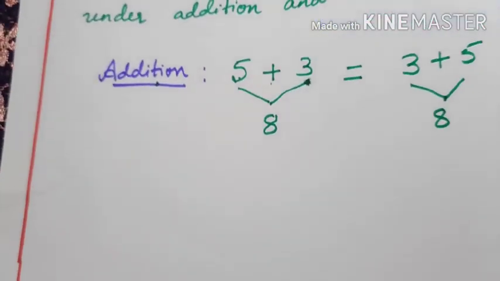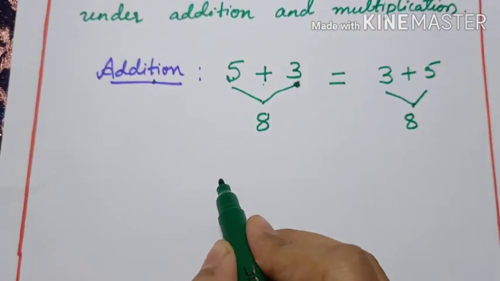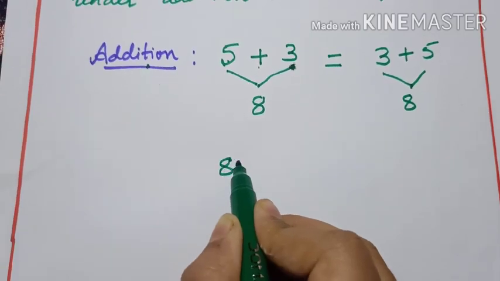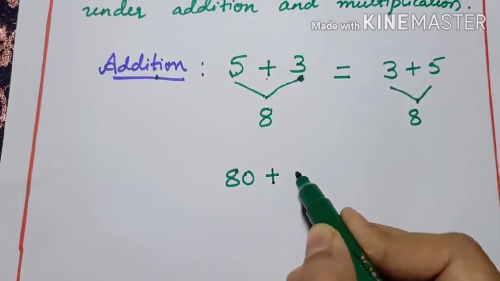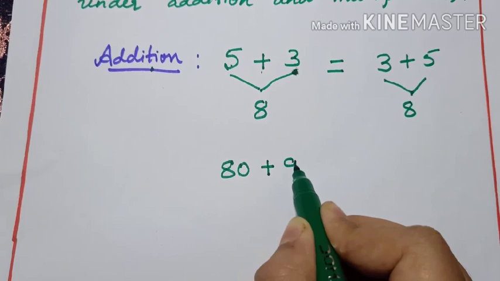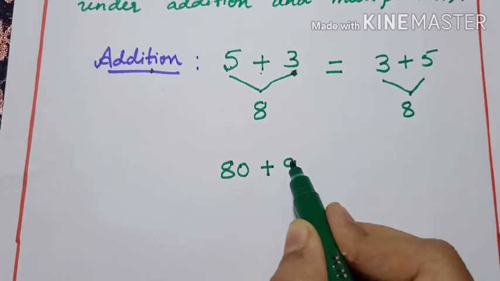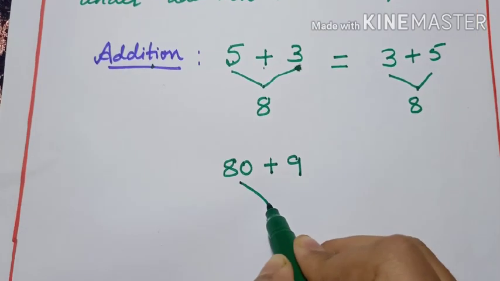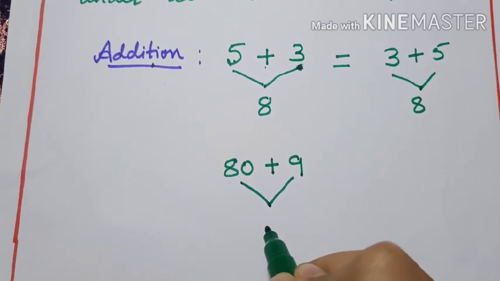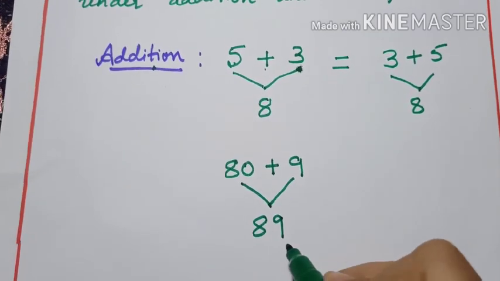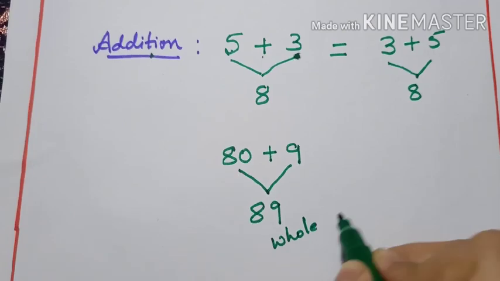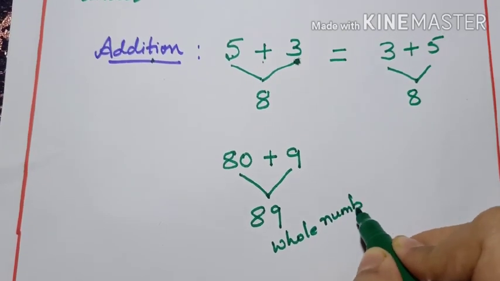Let us take one more example. I will take 80 plus 9. Okay, 80 is a whole number, 9 is a whole number. You will get the answer 80 plus 9 is 89. 89 is also a whole number. Correct?